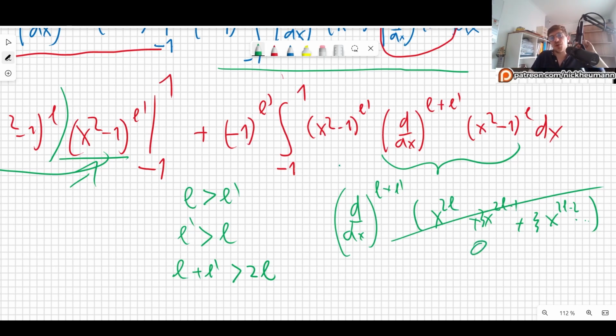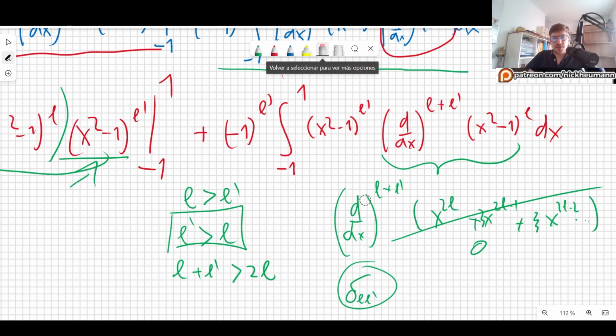Right? So that is a case that we really like, because that means that the entire integral is 0 when L is different from L prime, which really helps us get what we want. We want to show that the entire integral is going to be delta L L prime. So if we choose the case where L prime is greater than L, then it's perfectly correct. And we don't really have to worry about the other case, because keep in mind we are using dummy variables.